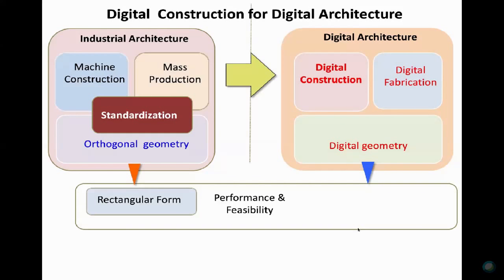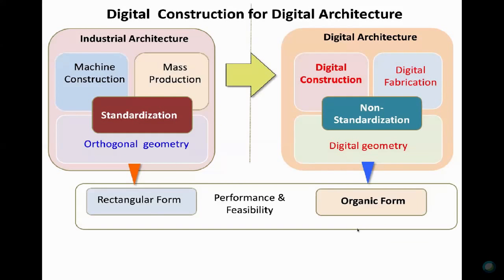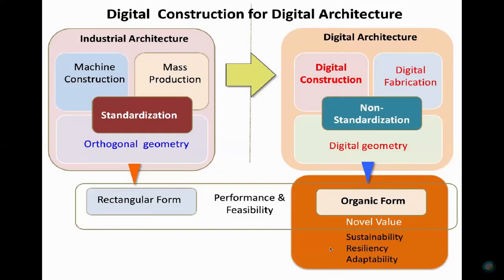So we need to think about what digital construction is. Anyway, it should go toward non-standardization. And the biggest difference between them must be the rectangular regular form and the organic form. That's okay. However, the bigger question is what this organic form achieved by non-standardization is for.